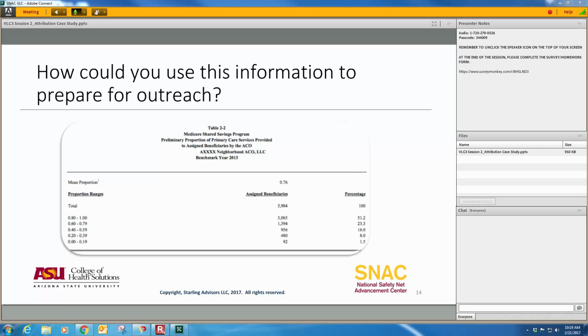I found this table to be fairly interesting. I know you probably can't see it super clearly on the site, but this table talks to the percentage of patients receiving a certain number of their visits, or percentage of their visits, with the organization.